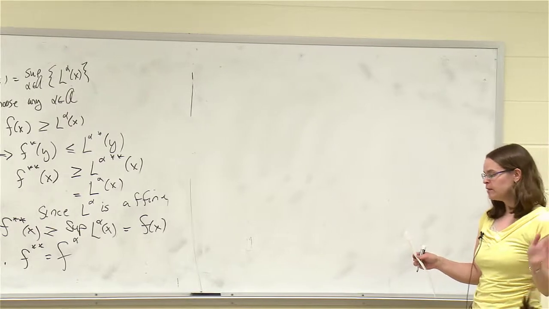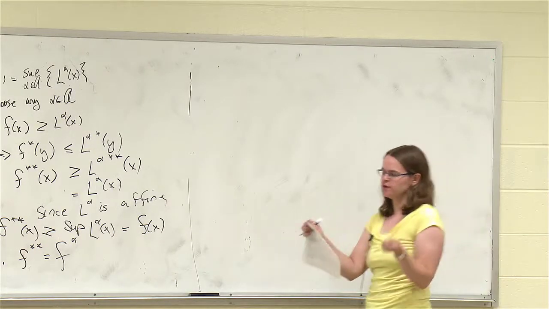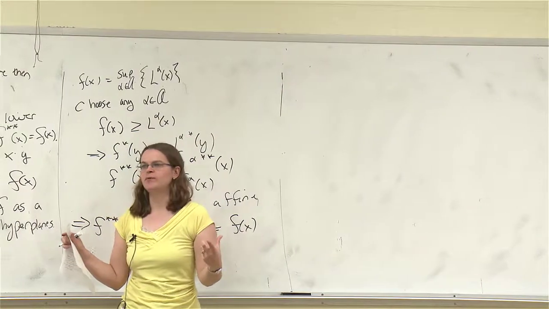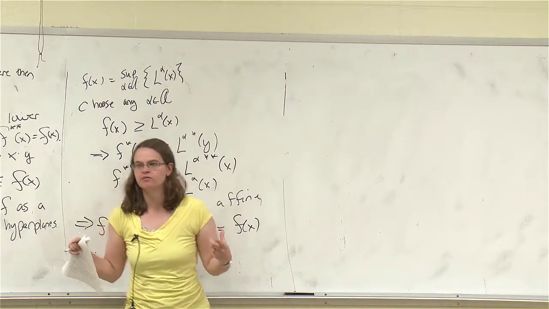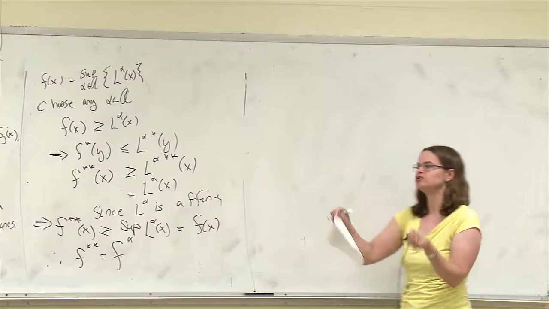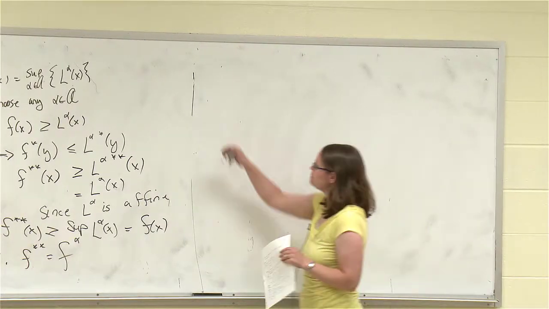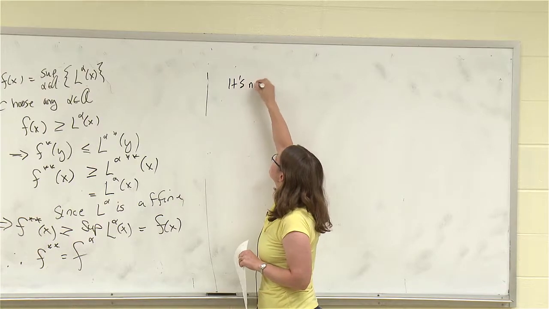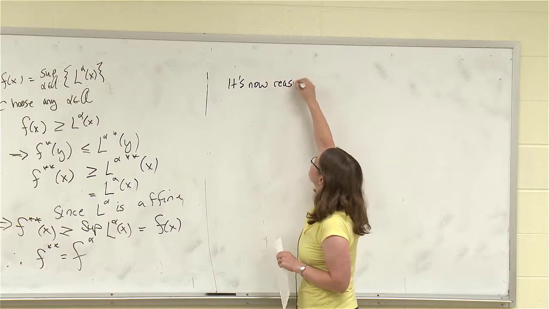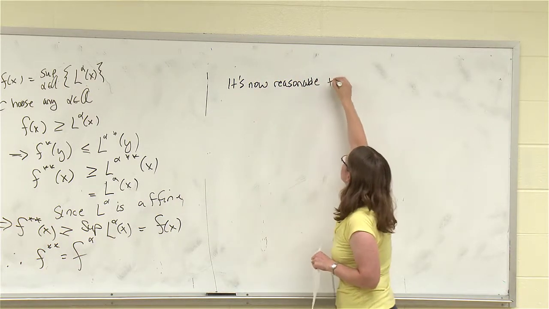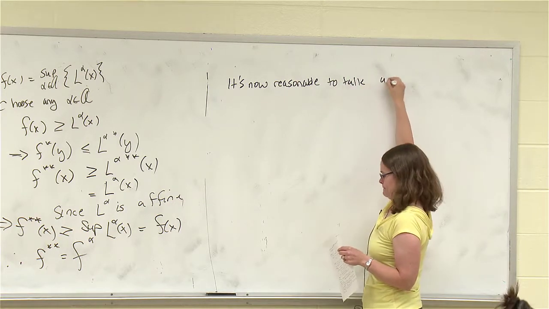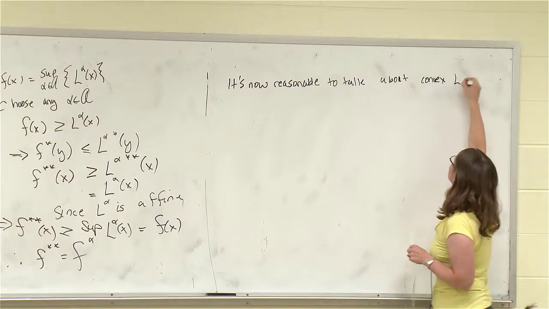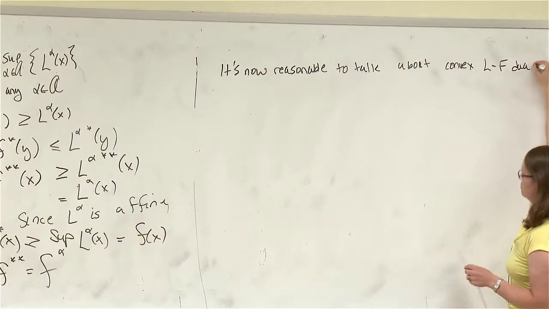And that's important. That means I'm going to refer to these two functions as a Legendre-Fenchel dual pair, and it makes sense to talk about these things coming in pairs. They're these pairs that I would be alternating between. So with this property, it's now reasonable to talk about convex Legendre-Fenchel duals.